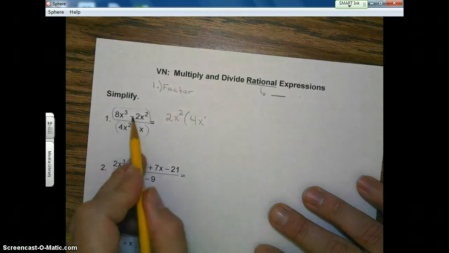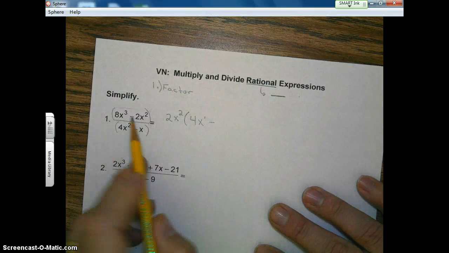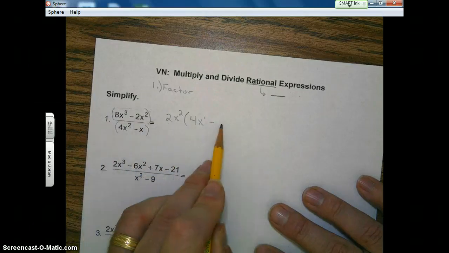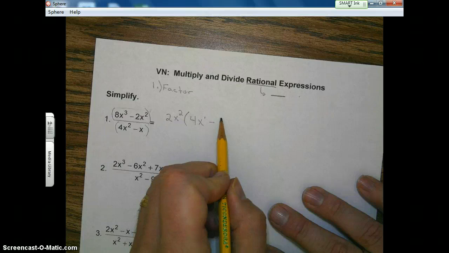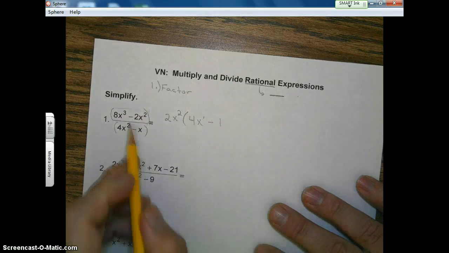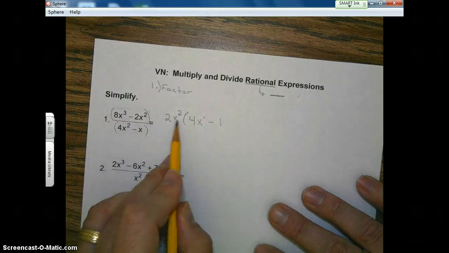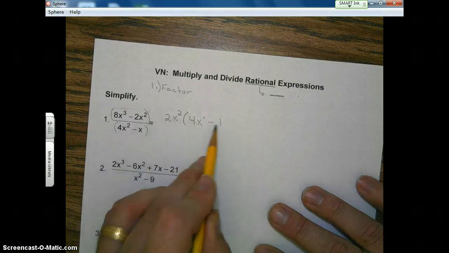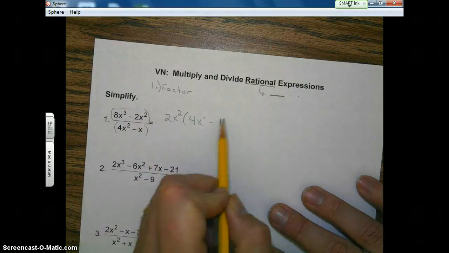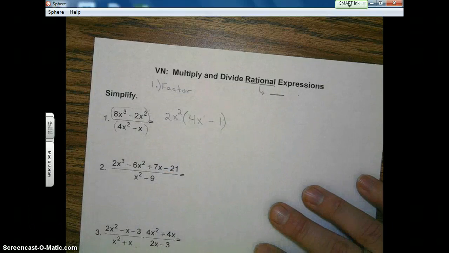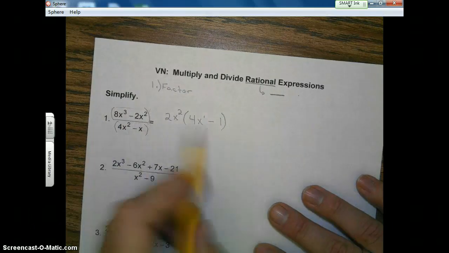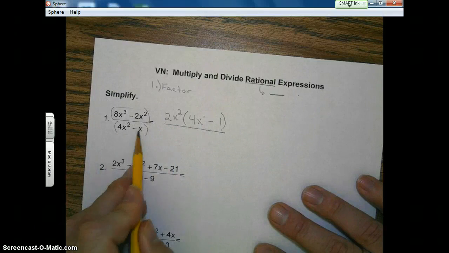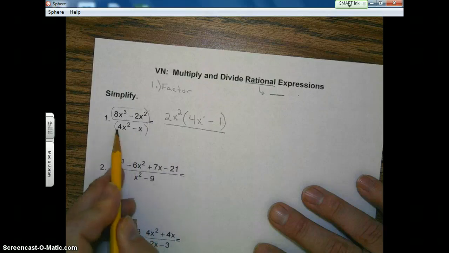I'm going to bring the minus over. Alright, here we go. 2 divided by 2 is 1. Factoring an x squared out of an x squared, well, they cancel each other out, so we're left with that. So number wise, can I factor a number out of both of these?